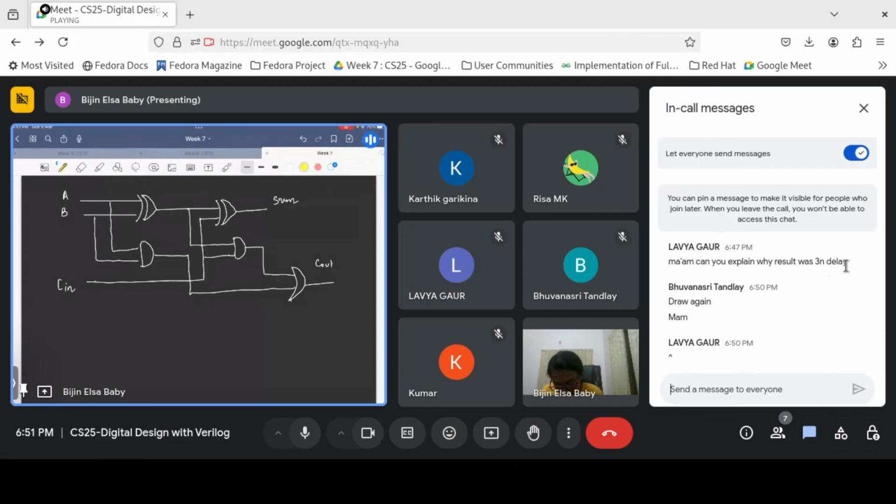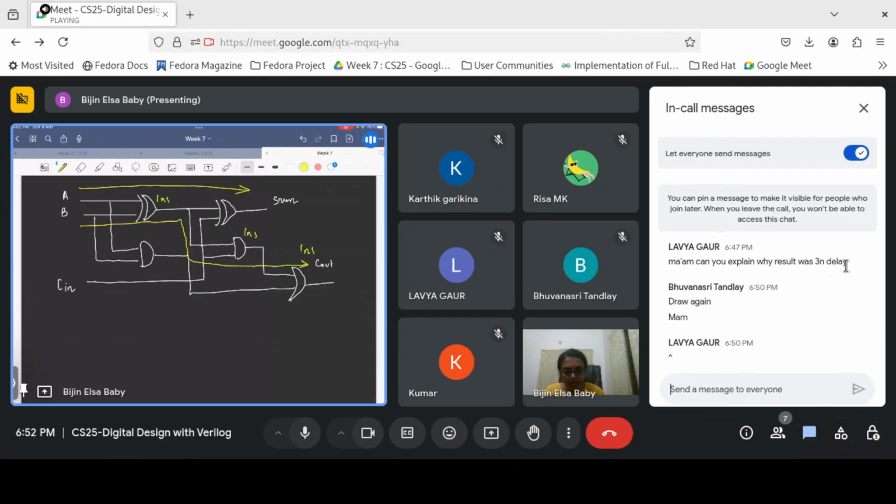From the input to the output, this is one path and this is another path. So you will have to choose the longest path as the critical path. Suppose it is 1 nanosecond for all the gates, the longest delay you have to choose is 3 nanoseconds. So your clock period should be greater than your critical path delay.